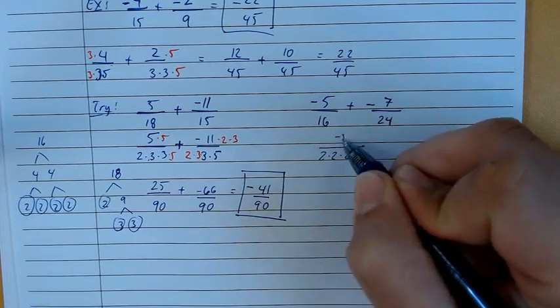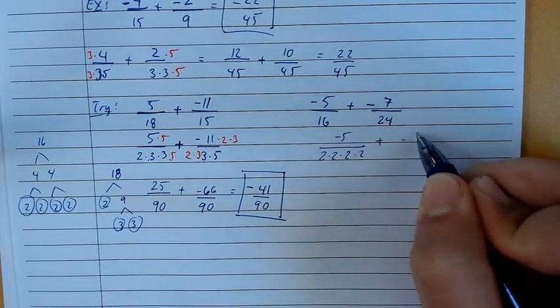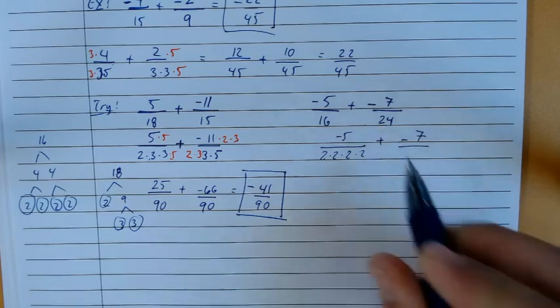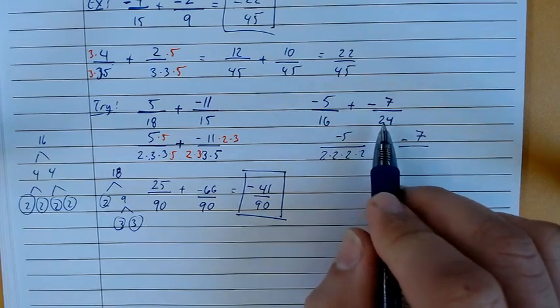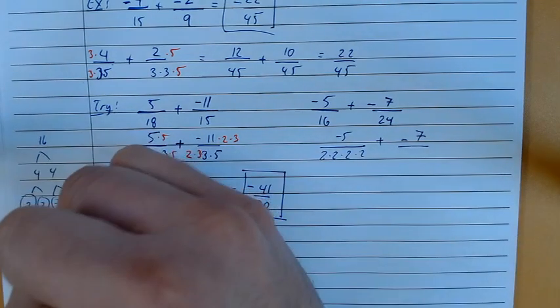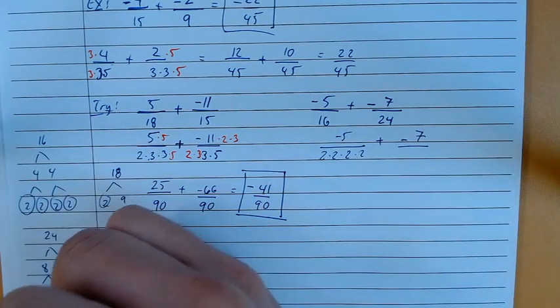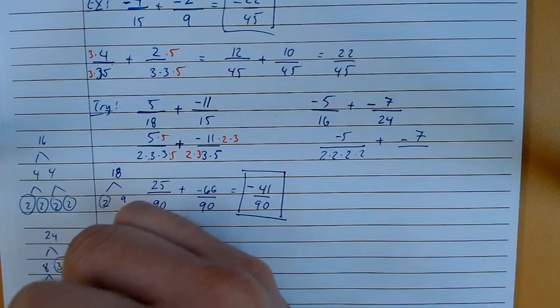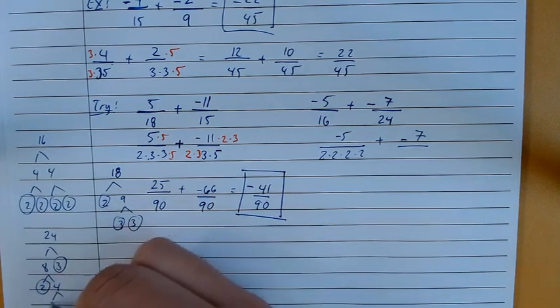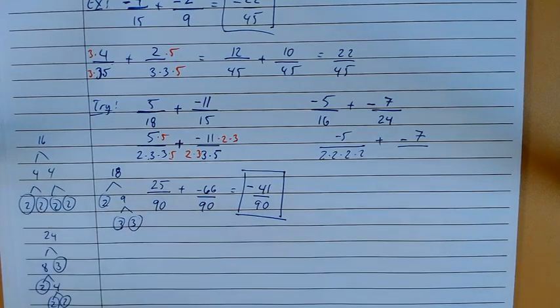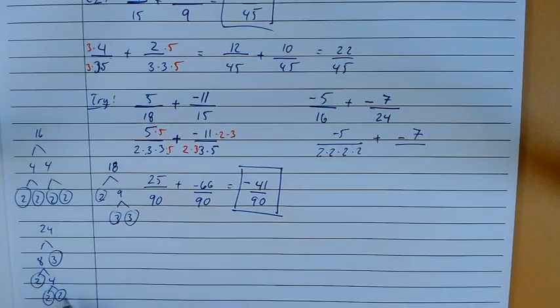It's got a negative 5 on top. And then negative 7 over, let's see, 24. 24 is 8 times 3. And even though 3 is a prime number, 8 can be factored as 2 and 4. And 4 can be factored further as 2 times 2. So 24 is 2, 2, 2, 3.